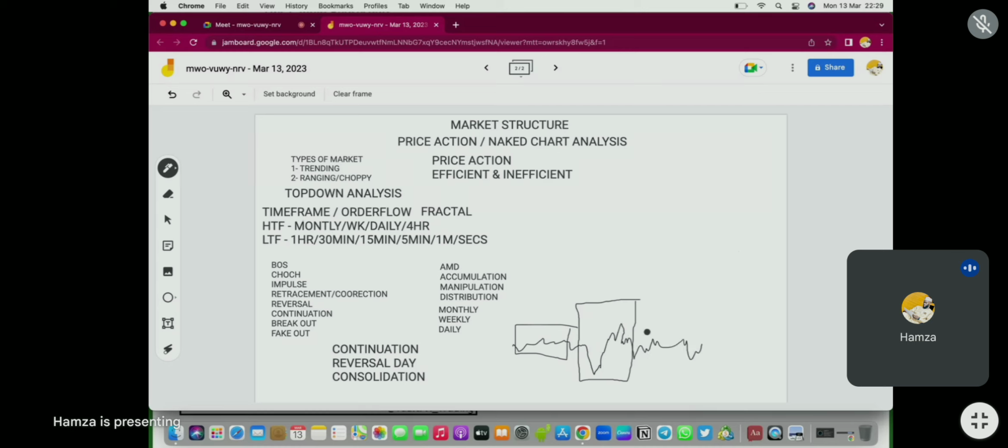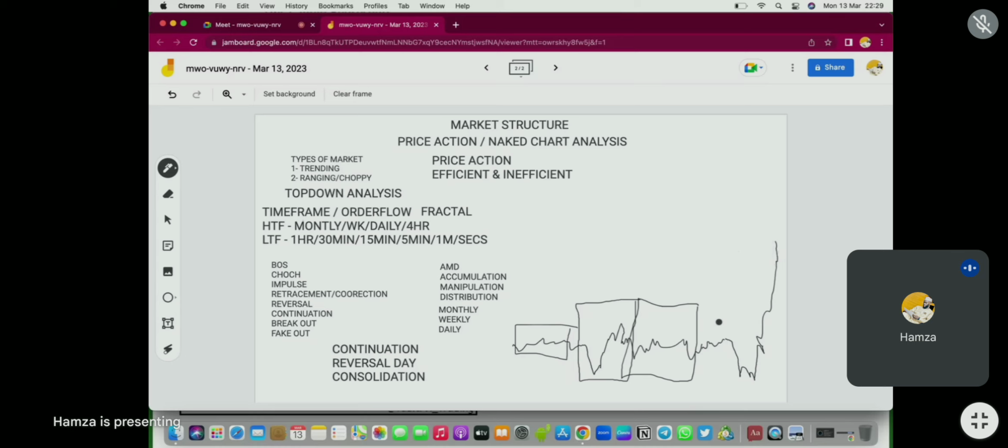So during the London session, it would range, and during the New York session, it would range up to its close. Then maybe the next day, after the Asian session, we have a manipulation during the London session, then boom, a distribution during the London session and the New York session again.